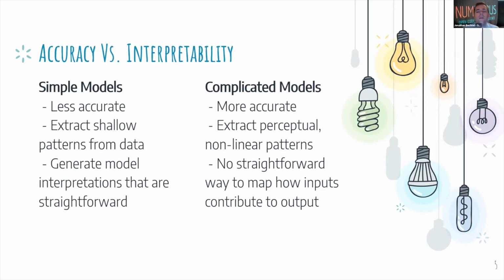On the other end of the spectrum, you have models that are more complicated. Their pattern recognition capabilities are definitely stronger and greater. However, it's very, very difficult to map inputs to outputs. So you might have something that's highly accurate, but it can be very difficult to really understand exactly what's causing its results.